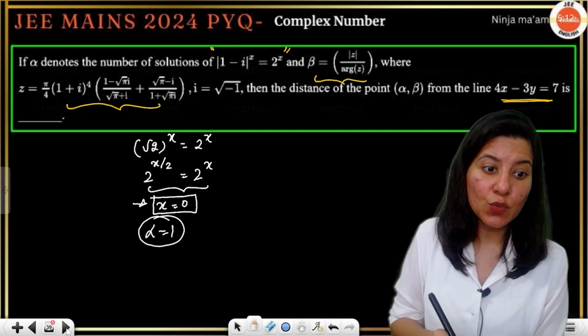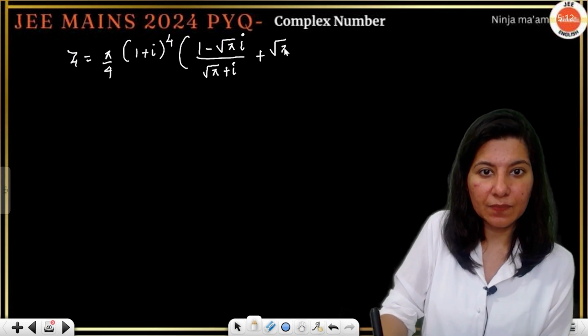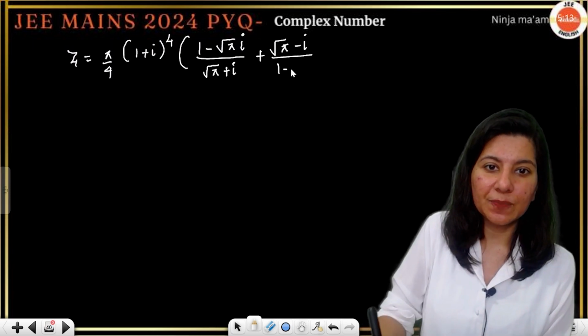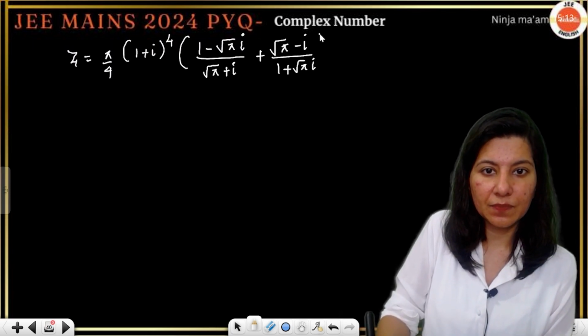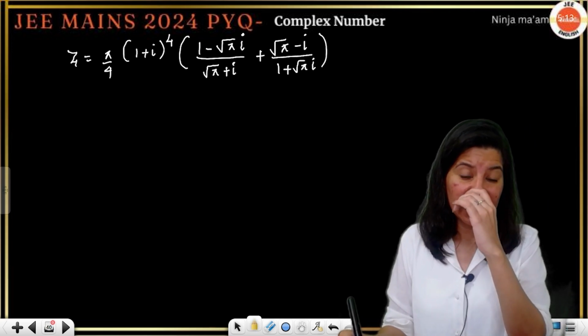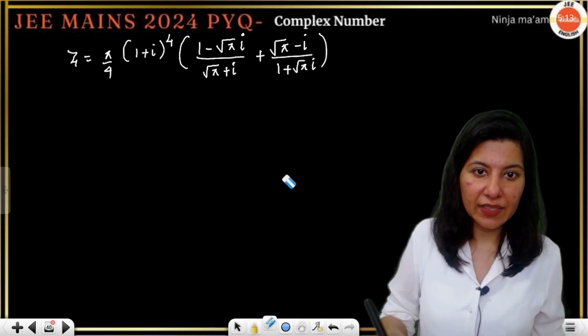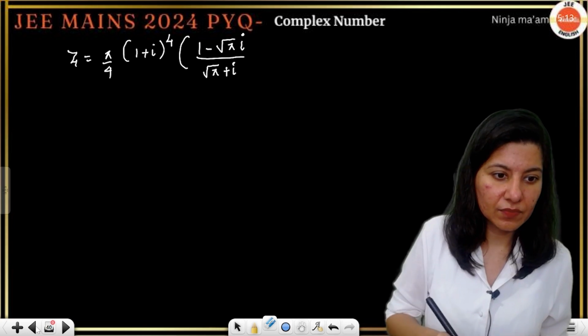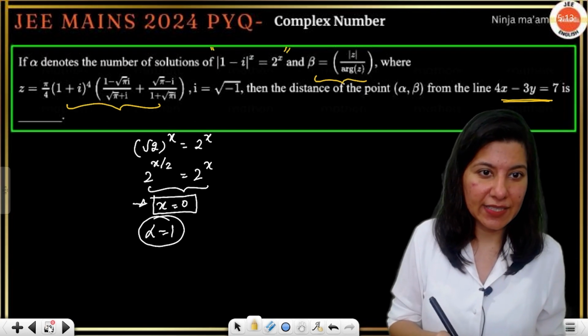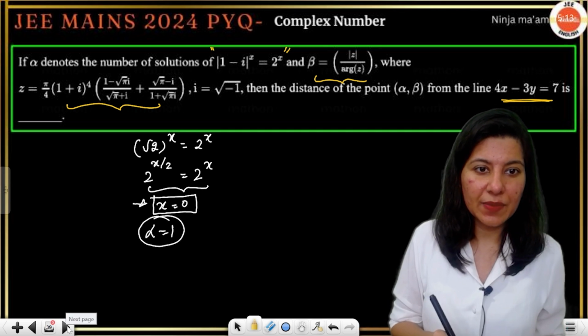And we are having plus root pi minus iota upon 1 plus root pi iota. Perfect. Okay. Now what we need to do is, let me just write it a little bit on the plus because I want to rationalize. Root pi minus iota, 1 plus root pi iota.